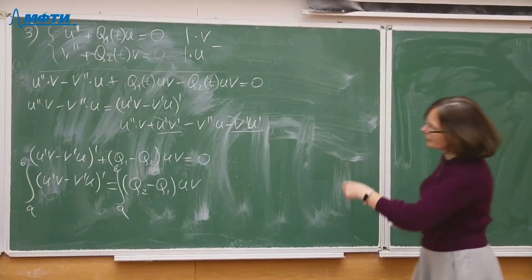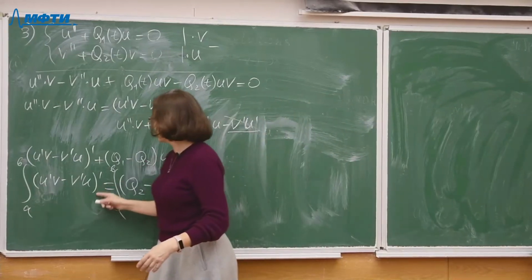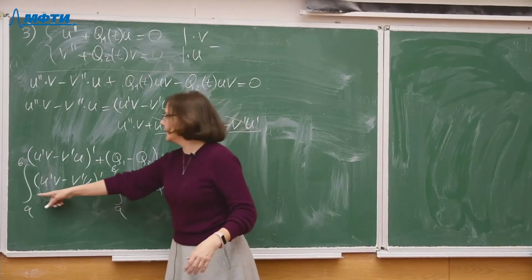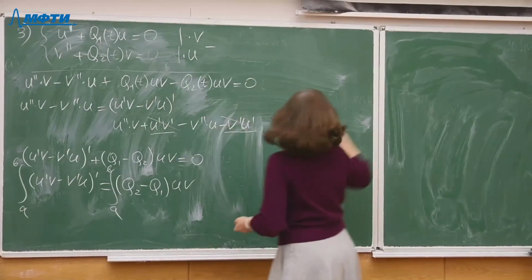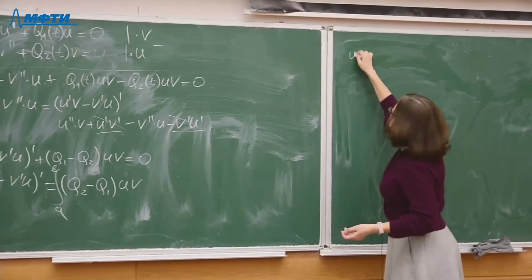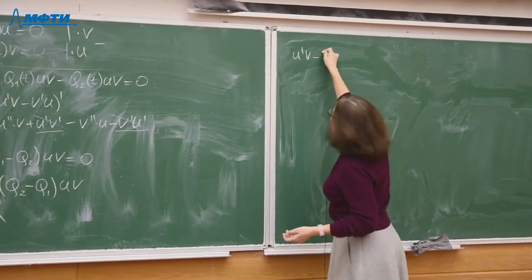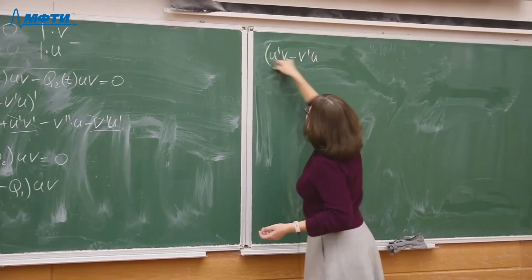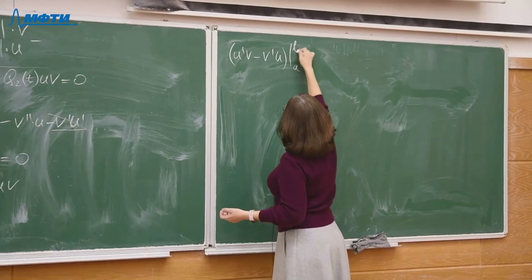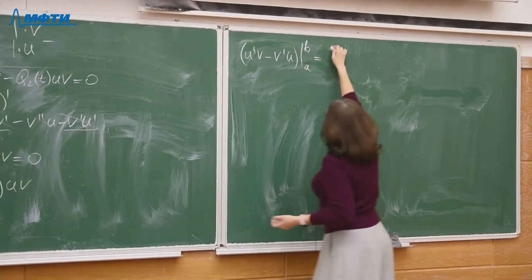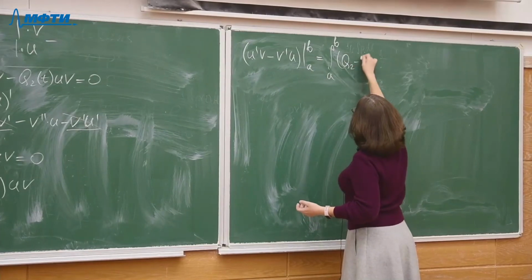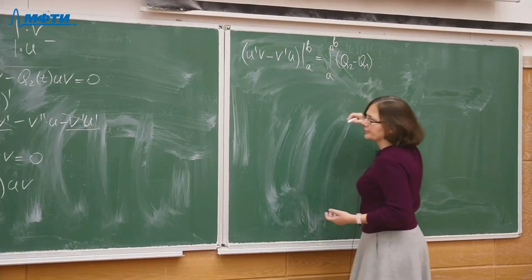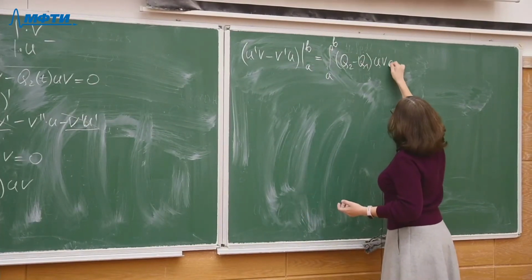So if we integrate the derivative, we will get this expression in the left-hand side. So in the left-hand side we will get u prime v minus v prime u from a to b equals the integral from a to b of q2 minus q1 times uv dt.